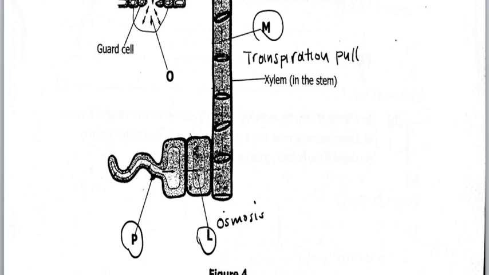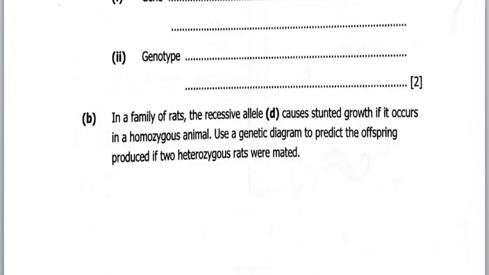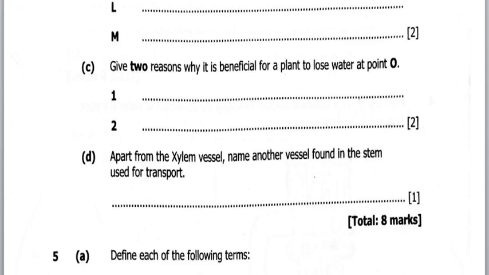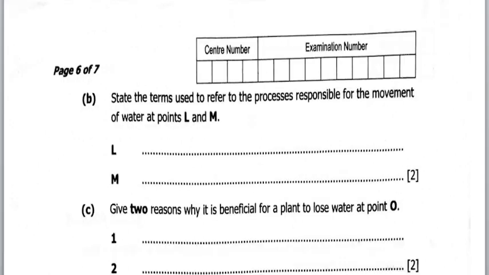So at L it's osmosis, at M it's called transpiration pull. So you just put them here. Alright.